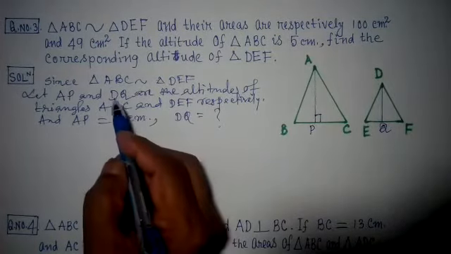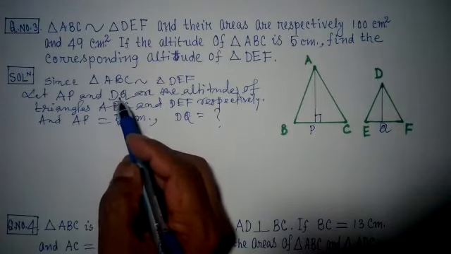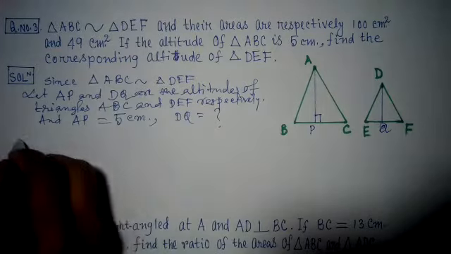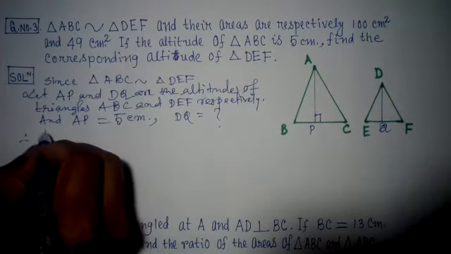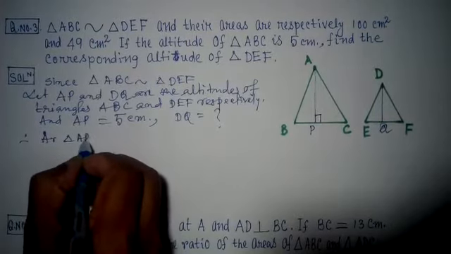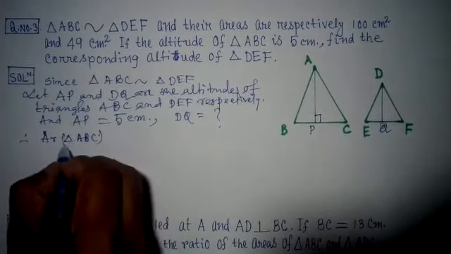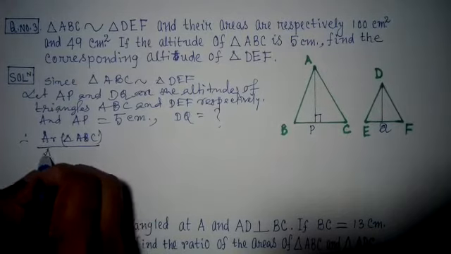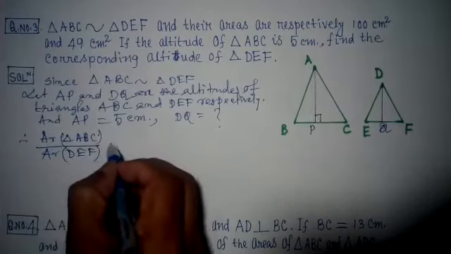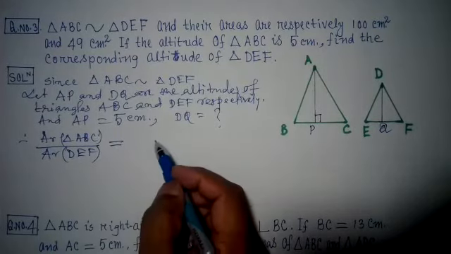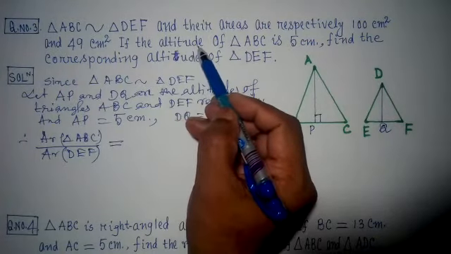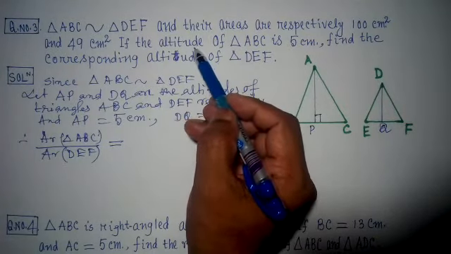So we will follow area theorem number 18, ratio of areas of two similar triangles. Therefore, area of triangle ABC divided by area of triangle DEF is equal to the square of the ratio of their corresponding altitudes. Here it is about altitude.